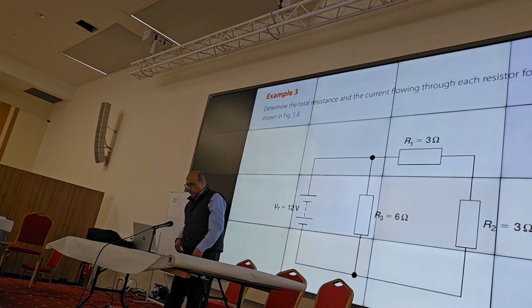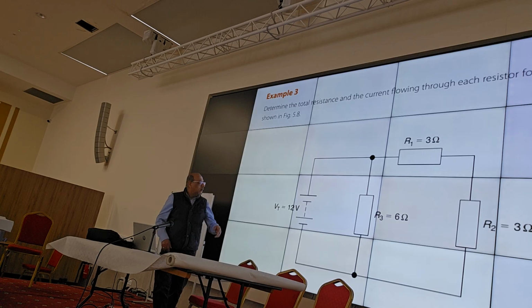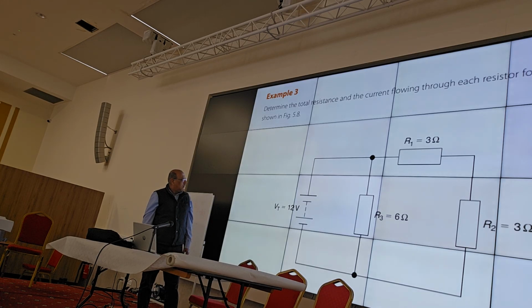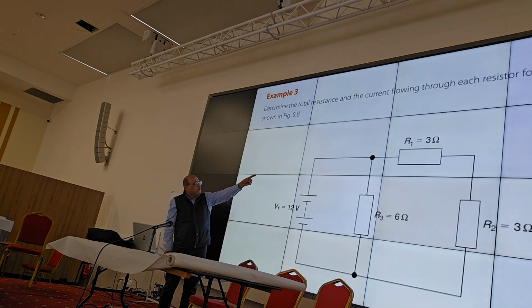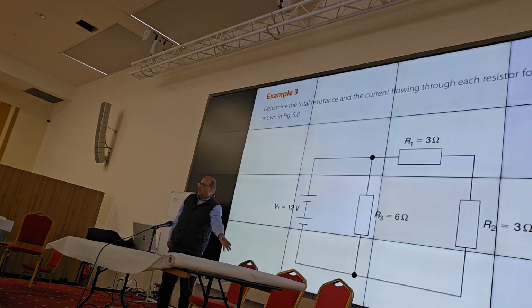Okay, this is a very simple question. Example 3. Let's solve this one if you can. It has a trick in it. What is the trick? Yes, the two resistors, 3 ohms and 3 ohms, are in series, in the same line. So you need to solve that first and then replace it with one. Then you will see 2 resistors in parallel.